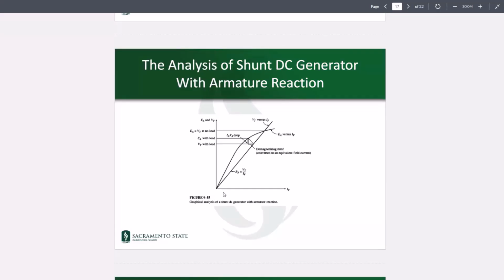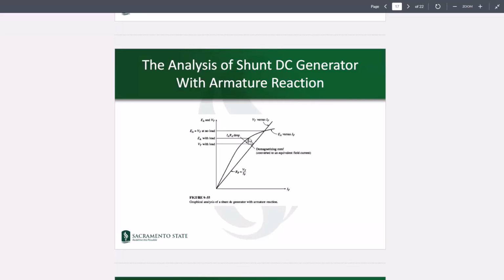So coming up with the same two curves, intersecting them, now you would have a triangle that you need to fit in between these two curves. This side of the triangle would be the same RAIA drop, and this one is associated with the demagnetization. In other words, you would need to come up with the equivalent IF drop.